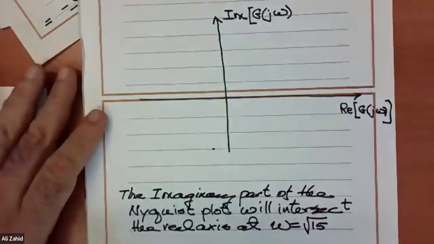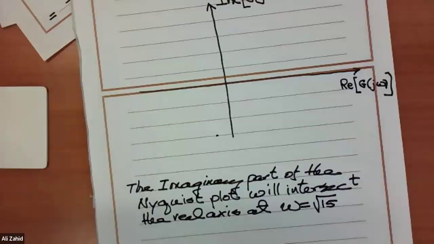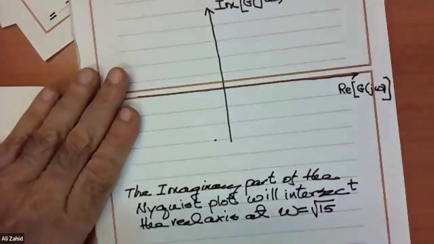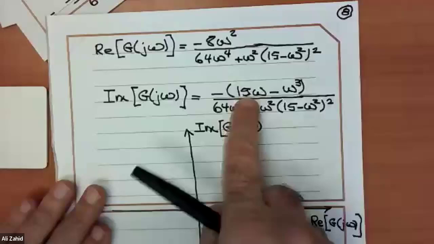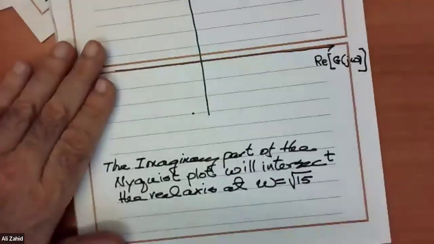Did you understand where omega equal to square root of 15 came from? It's 15 times omega minus omega cubed, so it would have to be 15 minus omega squared equal to 0. Did you get it? Yeah.